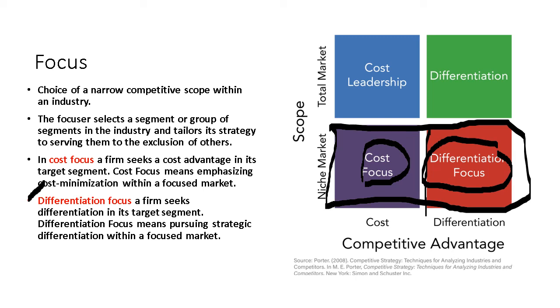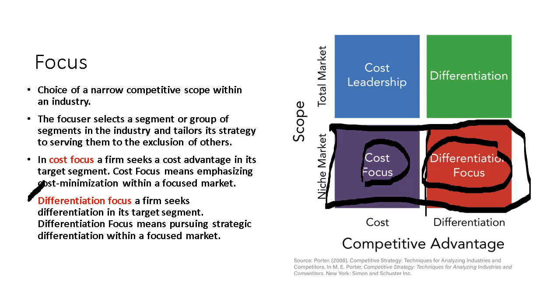So focus is really about your target segment or niche market, whether you are using a cost focus strategy or a differentiation focus strategy. The generic strategy of focus rests on the choice of a narrow competitive scope within the industry. So the marketer selects a segment or a group of segments in the industry and tries to customize its strategy to serving them to the exclusion of others.